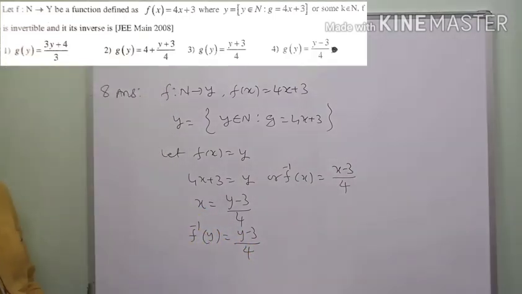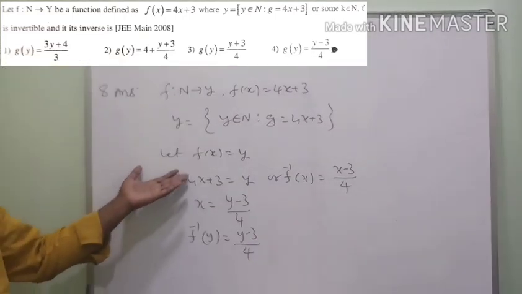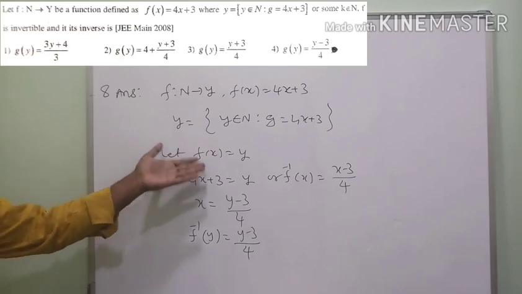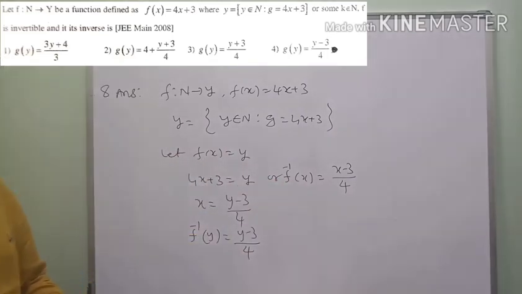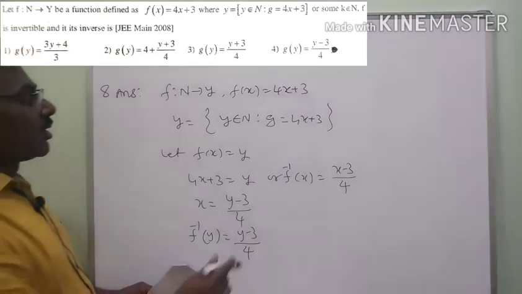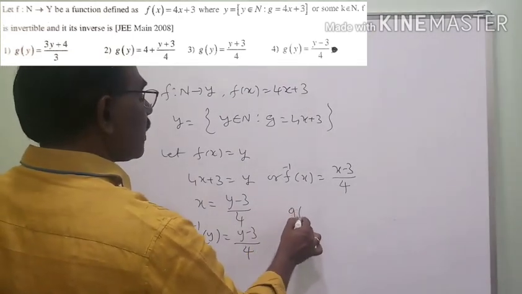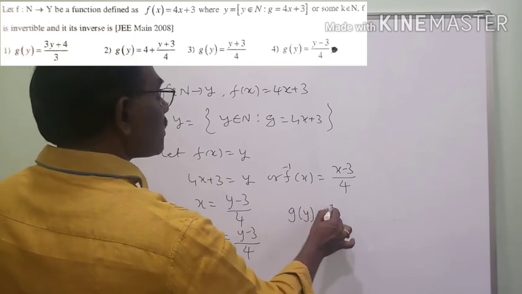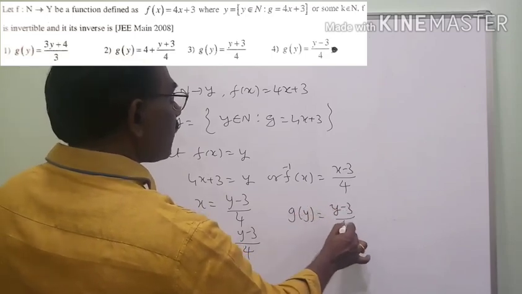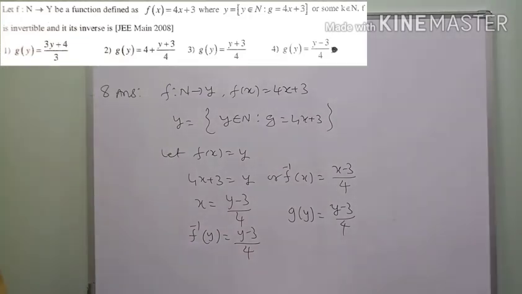So this is the inverse. F is invertible, the inverse is x minus 3 by 4, or it is called g of y. So g of y is y minus 3 by 4. Anyhow, the question is asking for the inverse function. Inverse means g of y.